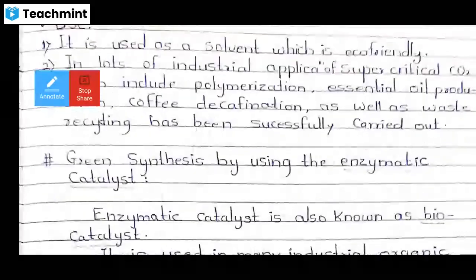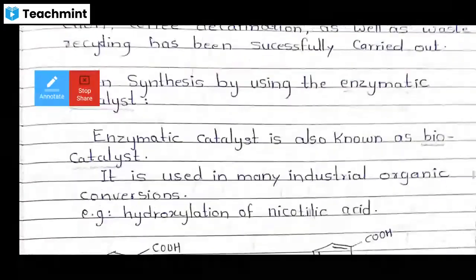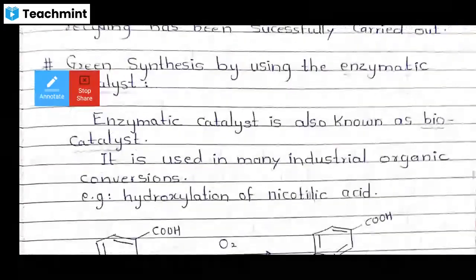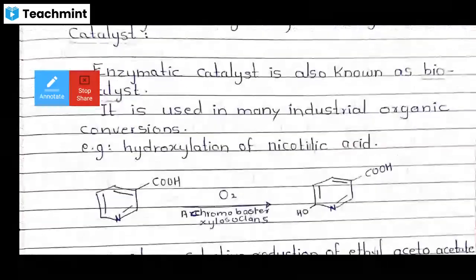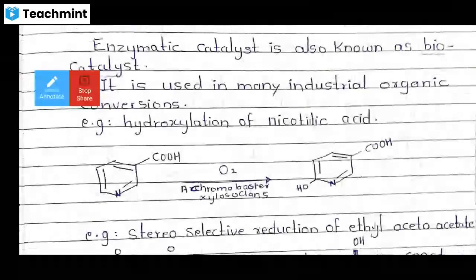Next is green catalysis by using enzymatic catalysts. So an enzymatic catalyst is also known as a biocatalyst and it is used in the main industrial organic conversions and hydroxylations of nicotinic acids. So for the reactions using oxygen for the oxidation reactions, the biocatalyst is used in these reactions.